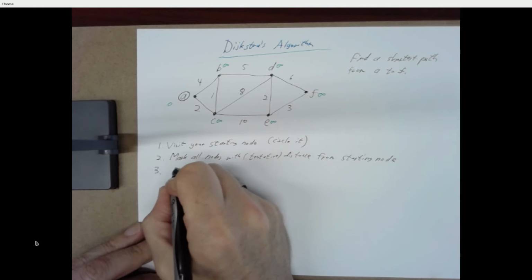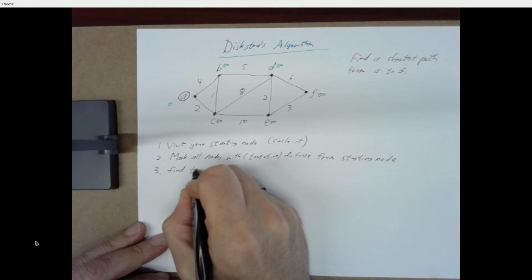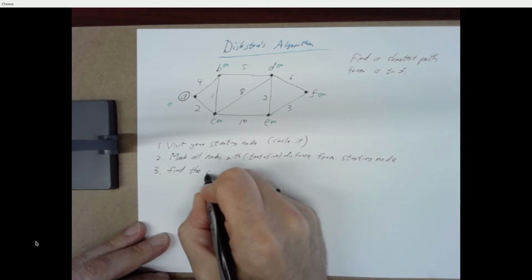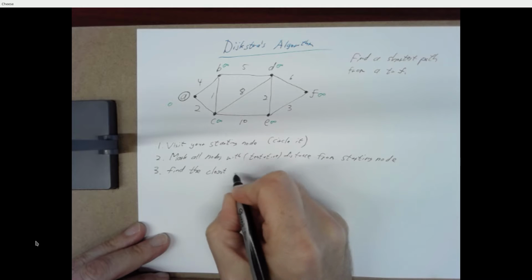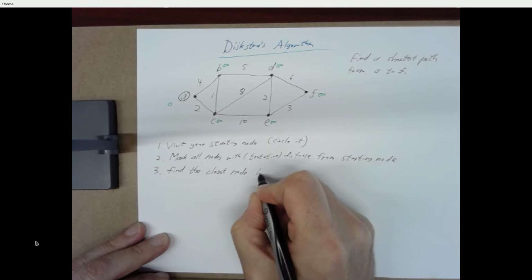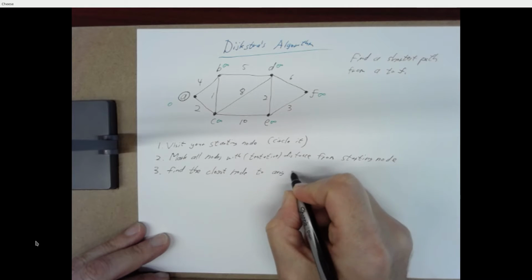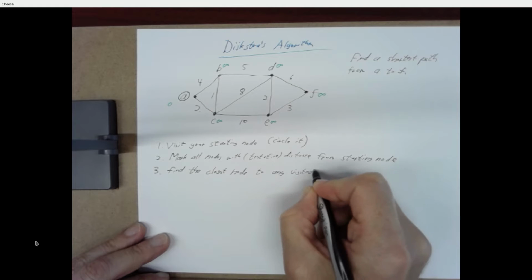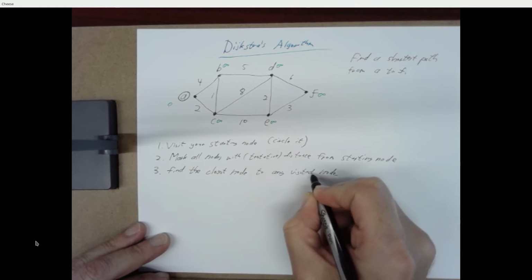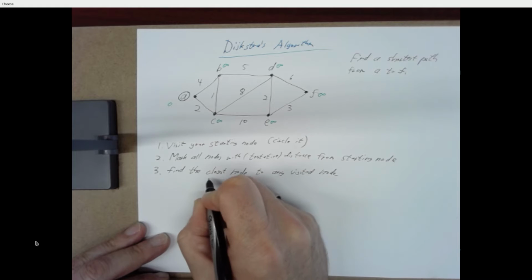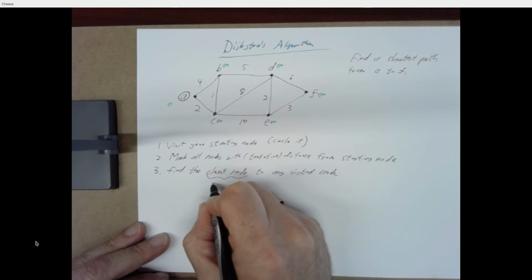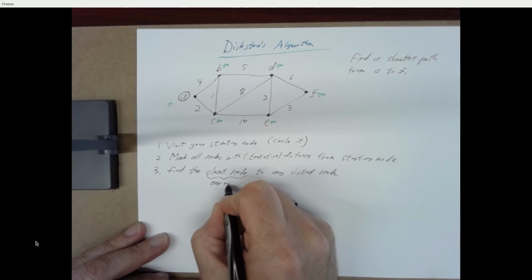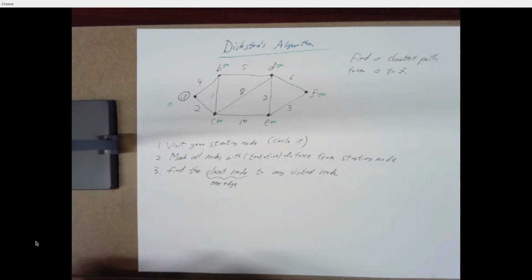All right, find the closest node to any visited node. And by closest node, I mean connected by a single edge.